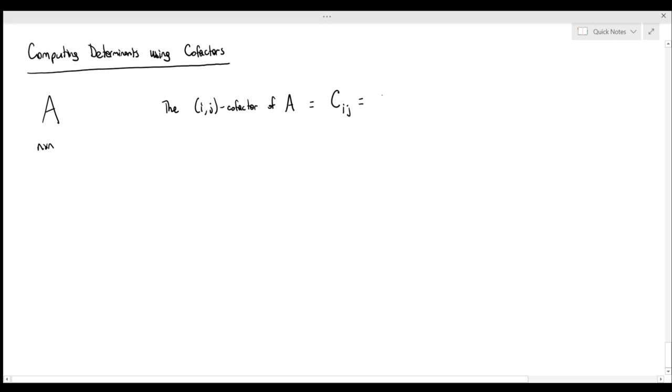So this is equal to -1 to the power of i plus j, and then times the determinant of the matrix obtained by removing the ith row and the jth column of A.